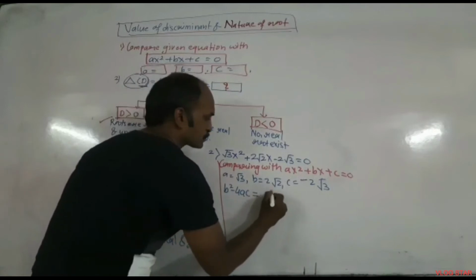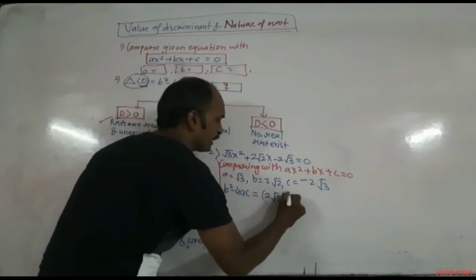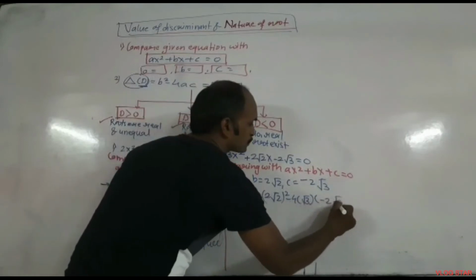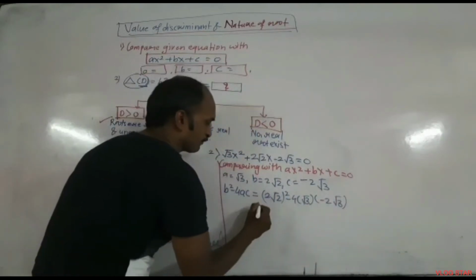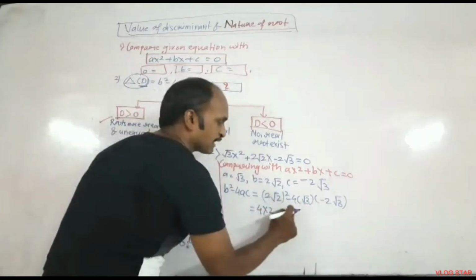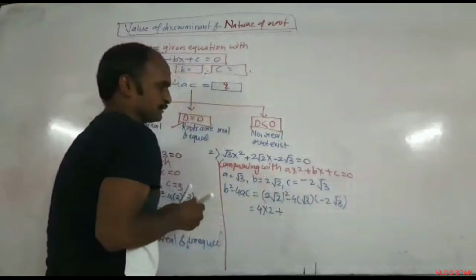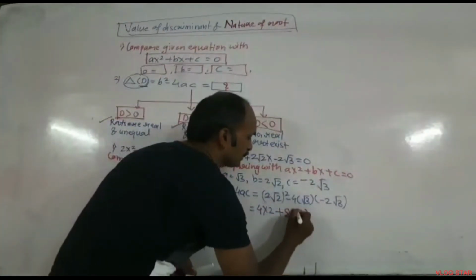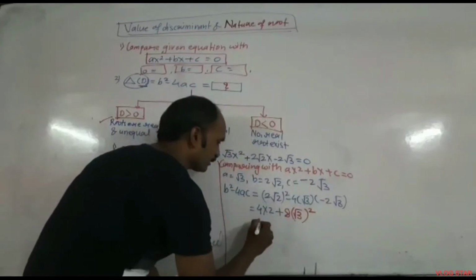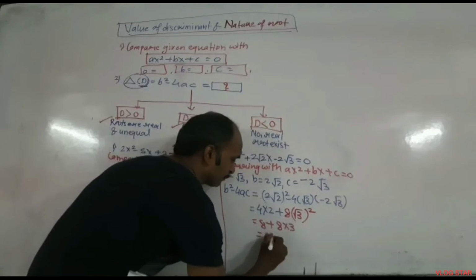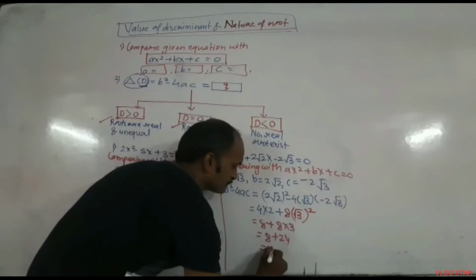So 2 root 2 is b, square of 2 is 4, square of root 2 is 2. This minus minus becomes plus. Now 4 into 2 is 8, and root 3 times root 3 is 3. So 8 plus 8 into 3, that is 8 plus 24, equal to 32.